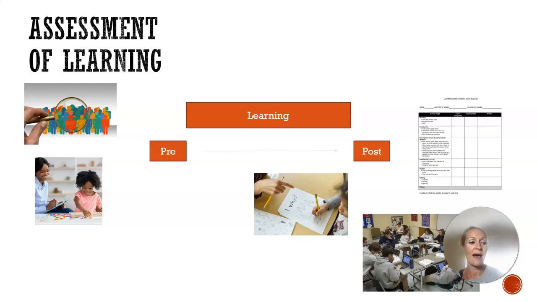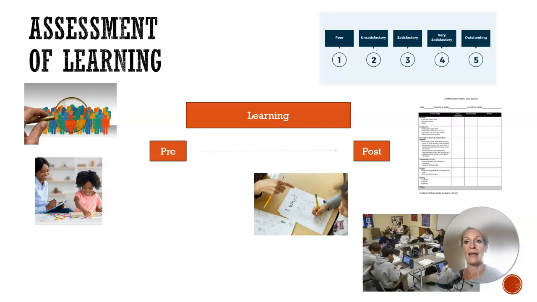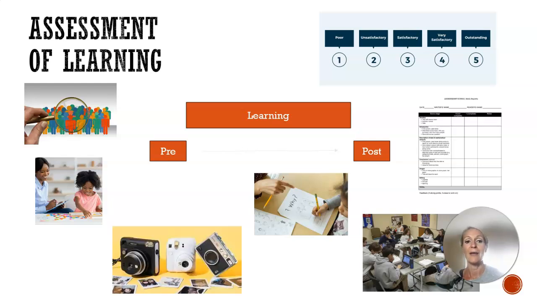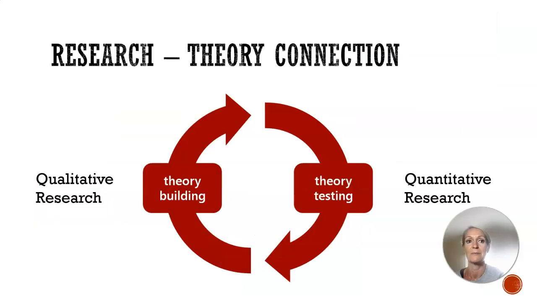And then we also have rating scales and self-reports that we use to look at student learning. And we've even branched out to include visuals, students creating visuals, us using visuals to capture what is going on in the learning process, as well as with outcomes.